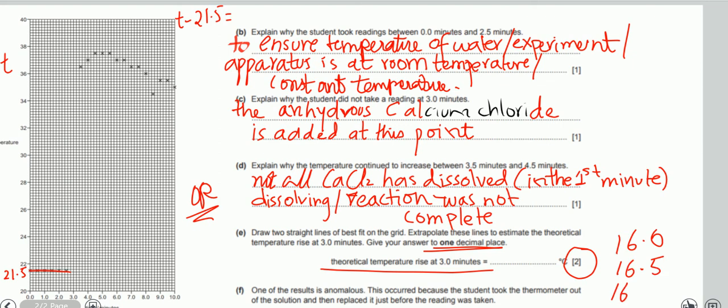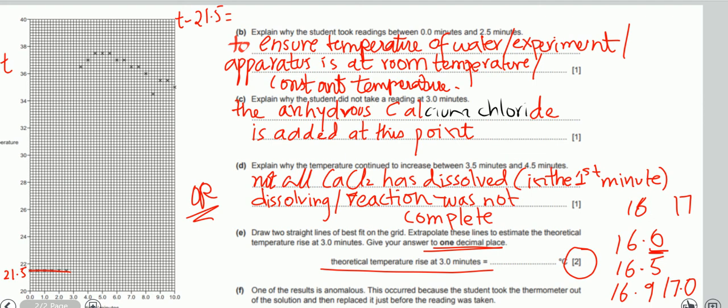If it's 16.9, write it like this. If it's 17, write it like this. You need to have your answer to 1 decimal place. If you just write 16, or just 17, you're only going to get 1 mark over here.